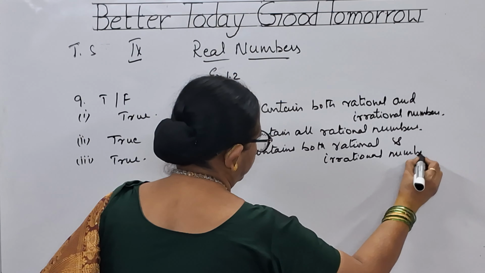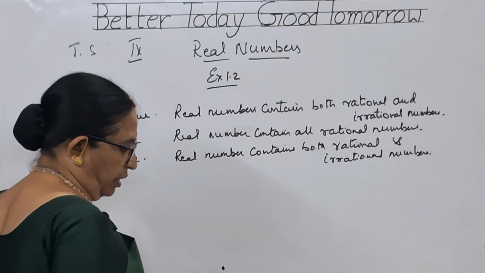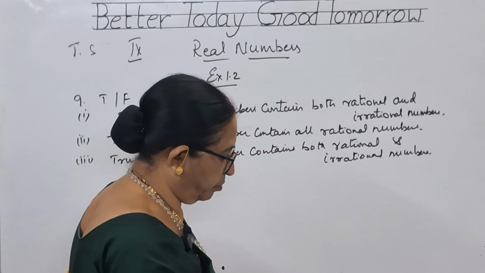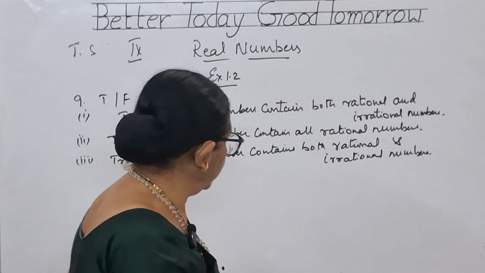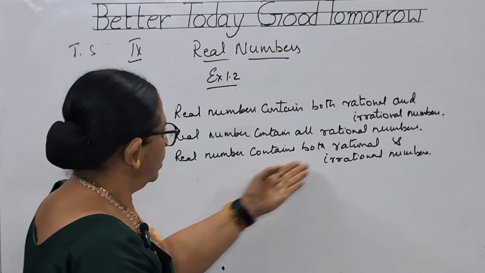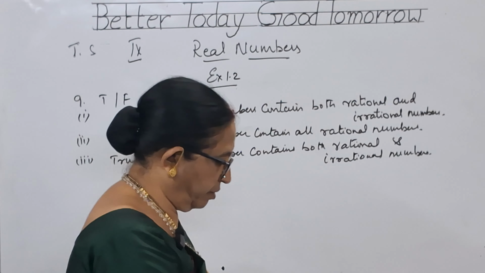So by saying that every real number need not be a rational number, it is true because it can even be an irrational number.